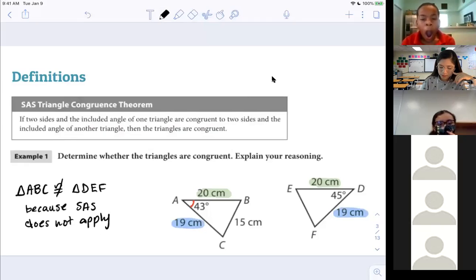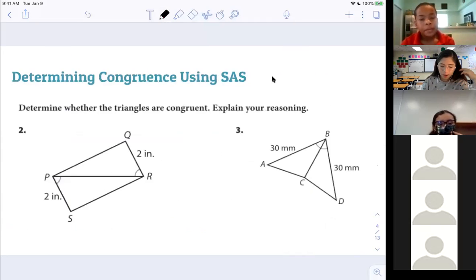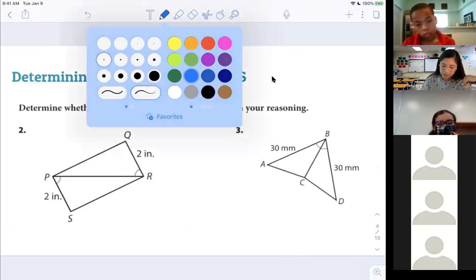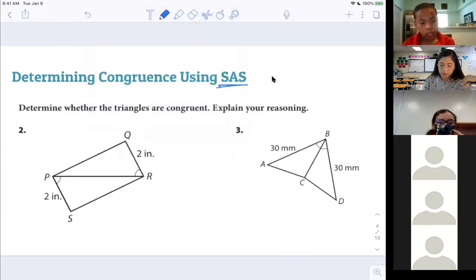Okay, so let's do a problem. I want to know if these triangles are congruent, and we're going to see if we can use SAS to prove that. So looking at number 2, I'm going to start playing a little game of match, okay? So I have QR. You can prove number 2 with SAS. Yeah, so tell me why.